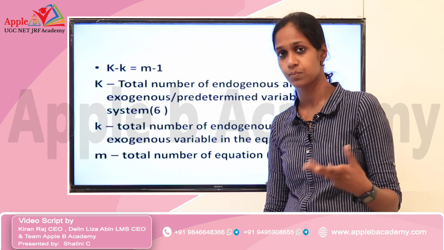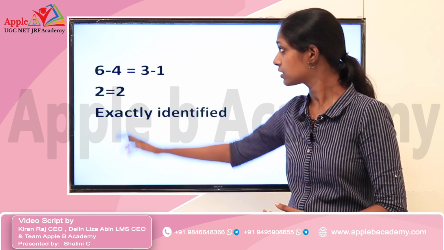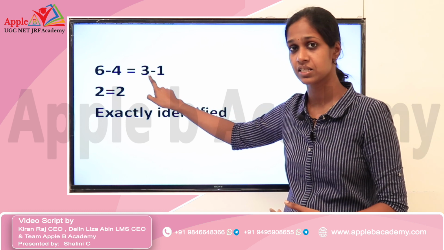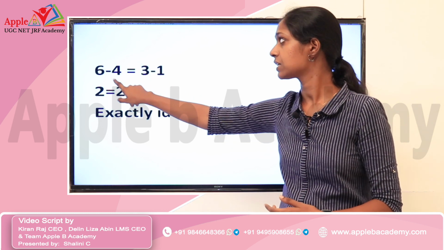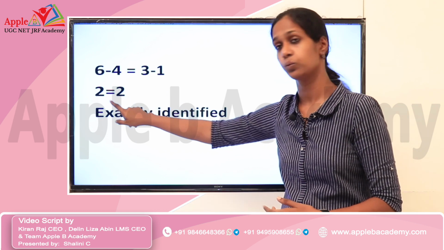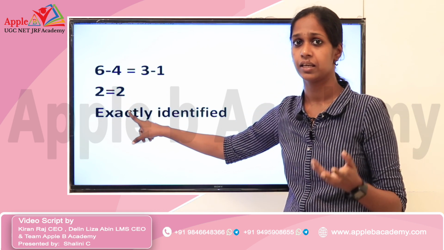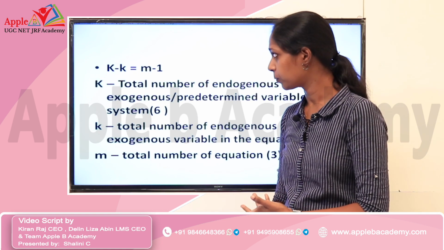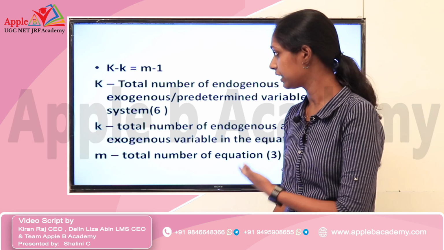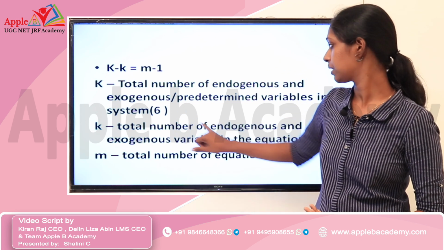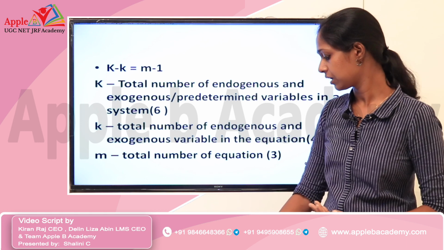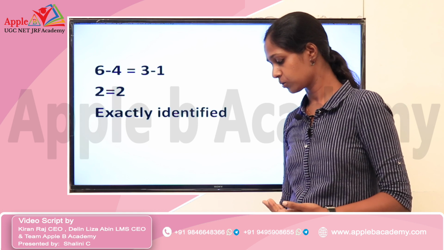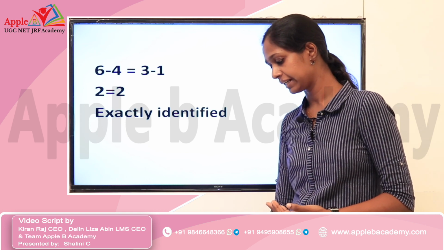Now, we have all the values. Capital K minus small k is equal to small m minus 1. 6 minus 4 is equal to small m minus 1, where small m is the number of equations in the system. 3 minus 1. 6 minus 4 is equal to 2, 3 minus 1 is equal to 2, so we get 2 equal to 2, which means the equation is exactly identified.